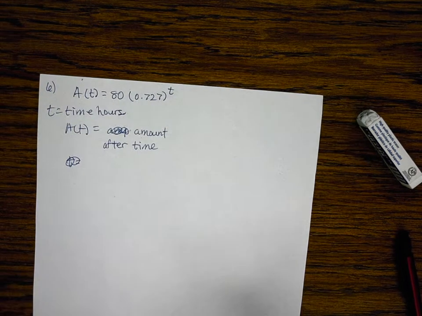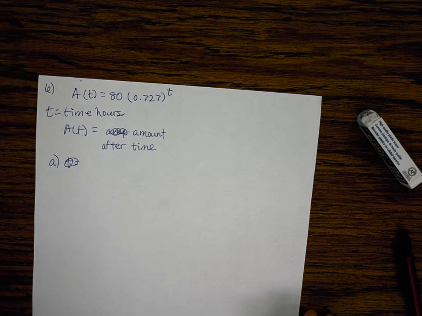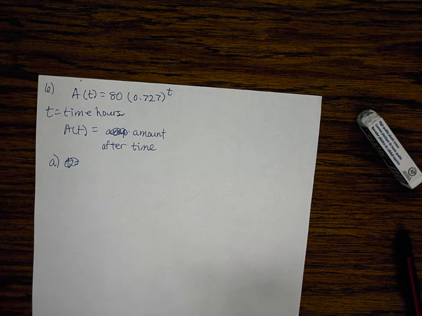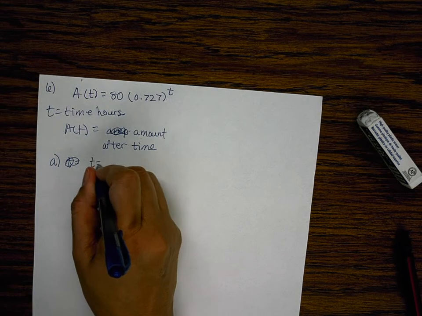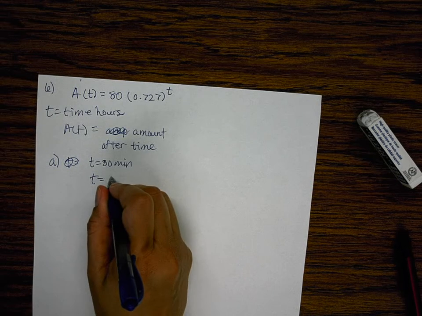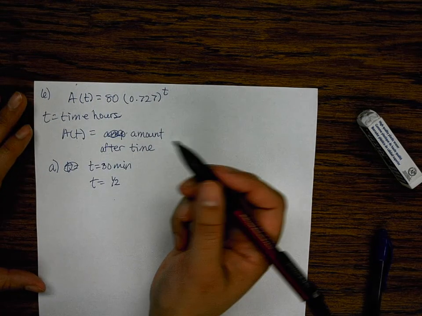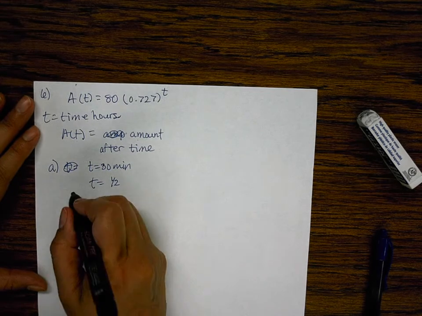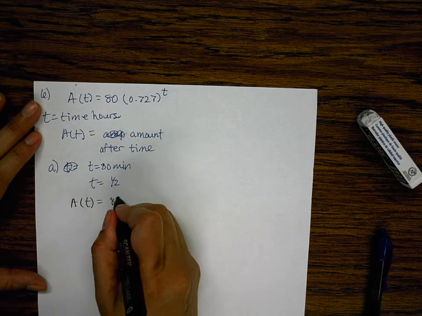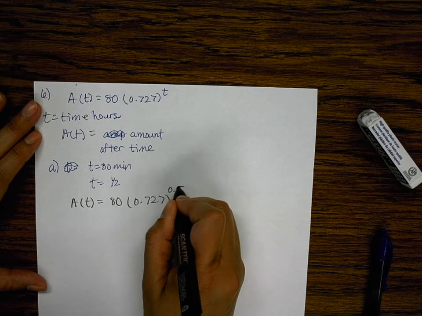Alrighty, so part A. Asking us how much of the anesthetic is present in the patient's circulatory system after 30 minutes. Okay, so T is 30 minutes. Now, if it is in hours, then it's going to equal half an hour or 0.5 of an hour. And we just plug it in. A of t equals 80 times 0.727 raised to the 0.5.